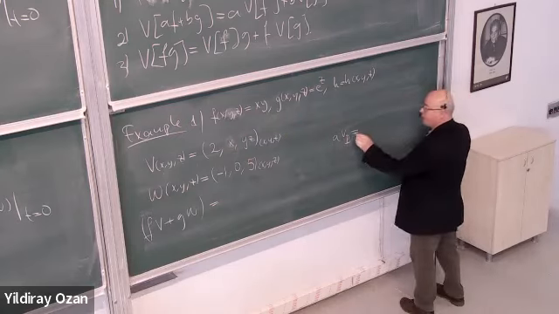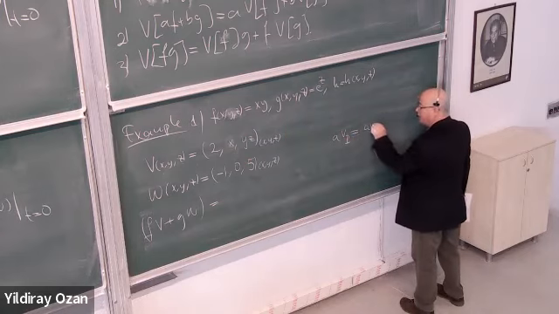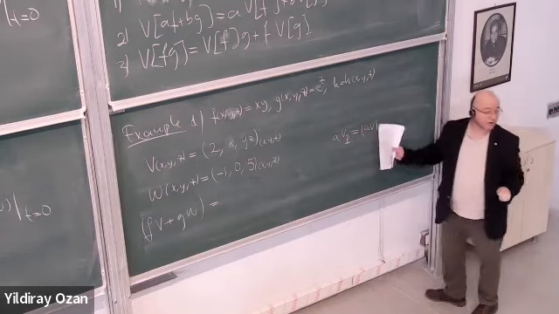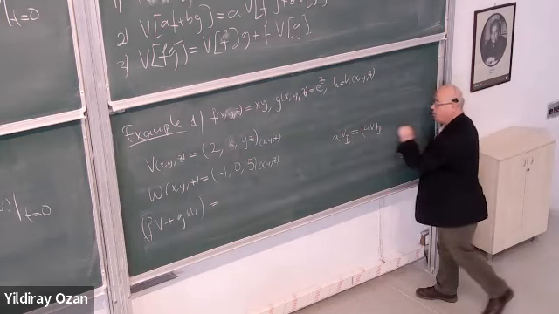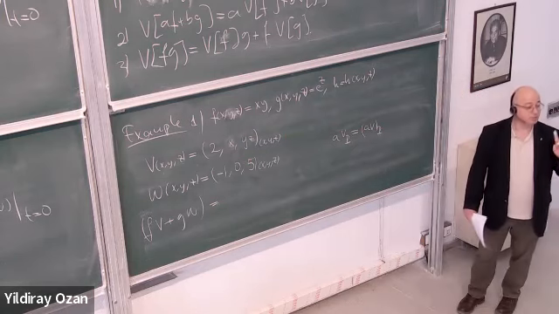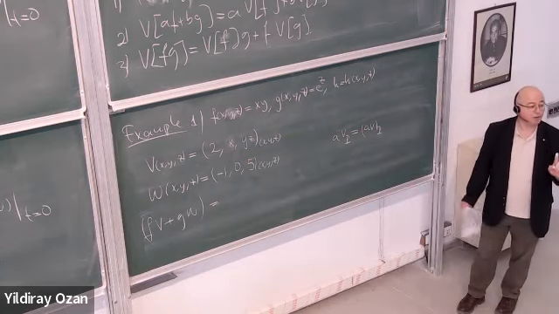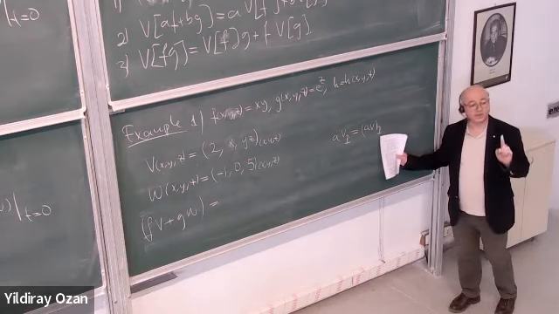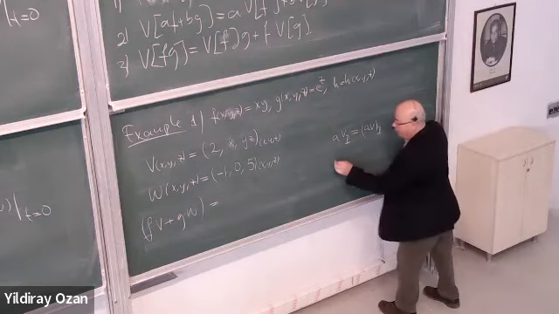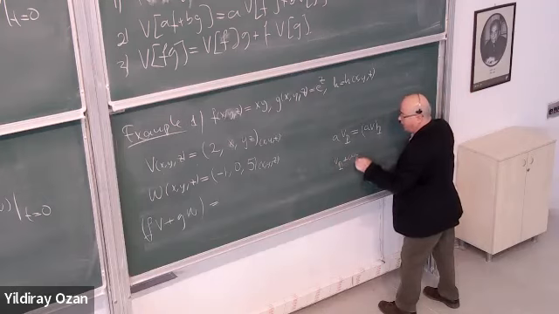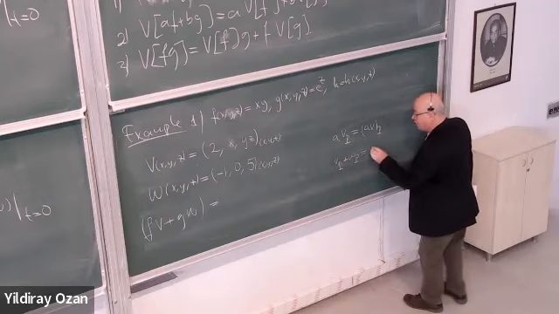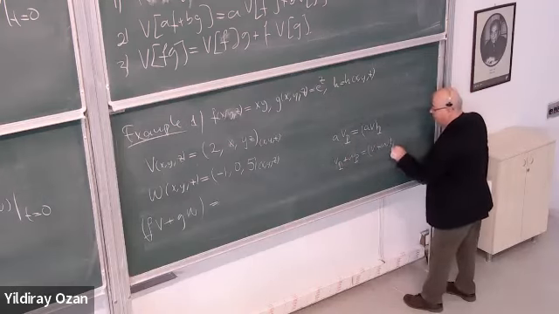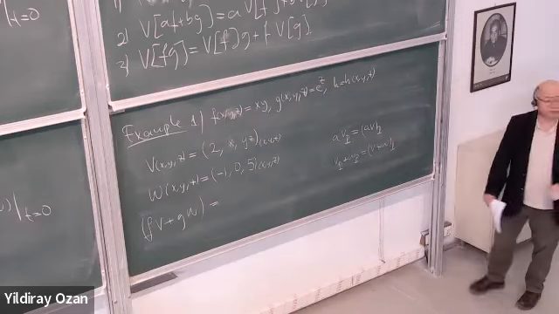Remember from last time, this is nothing but a times V. I multiply the vector part and I don't change the point of application, because T_P R3 is a vector space. Similarly, if I add two vectors, I just add the vector parts and I don't change the point of application.